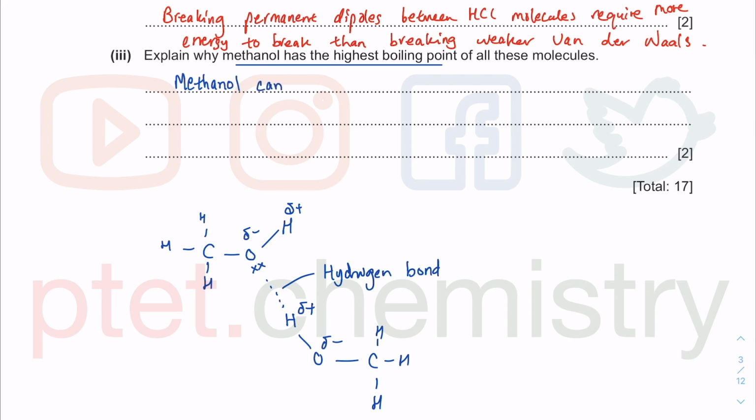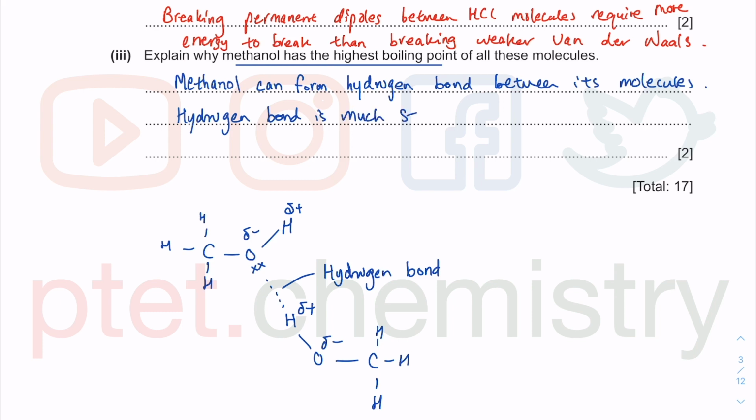Methanol can form hydrogen bond between its molecules, but that is a statement that is not explaining yet. So we need to make a qualifying statement. So hydrogen bond is much stronger than just a normal permanent dipole.